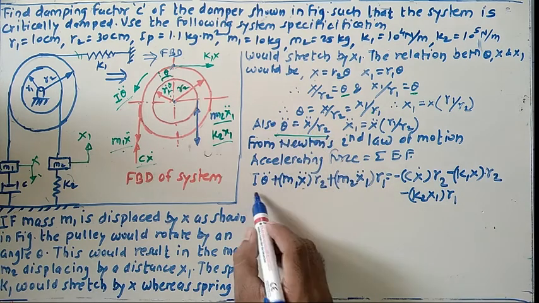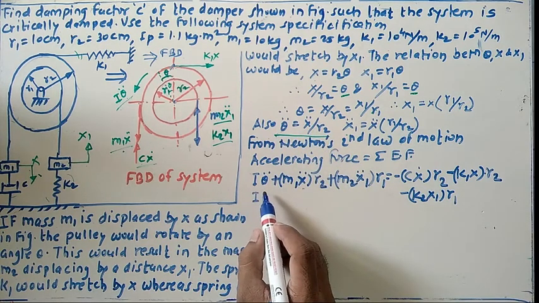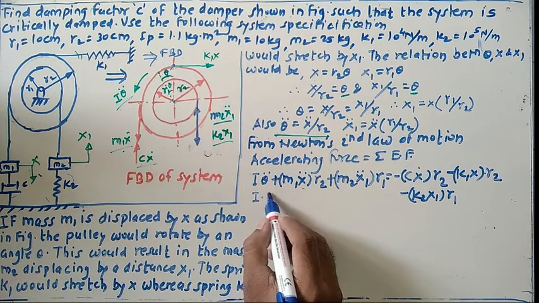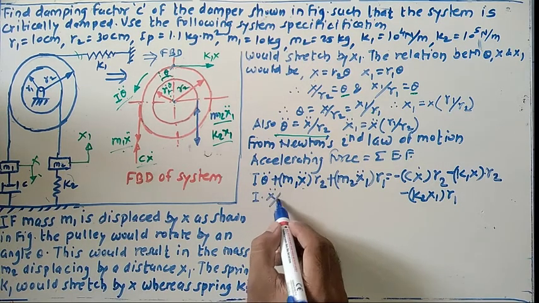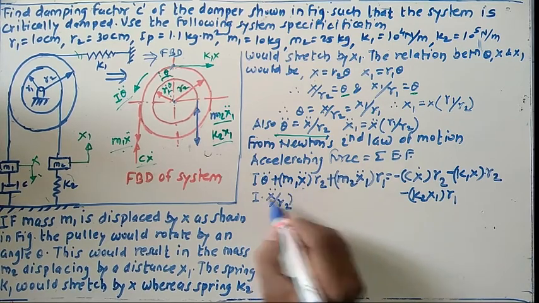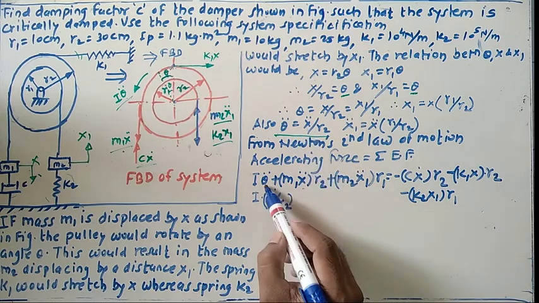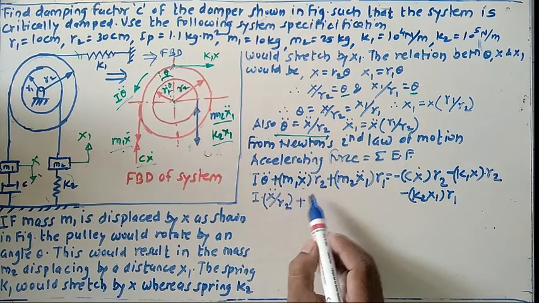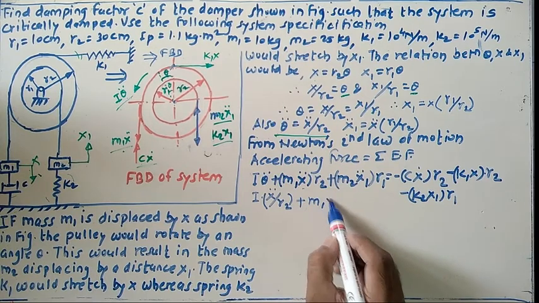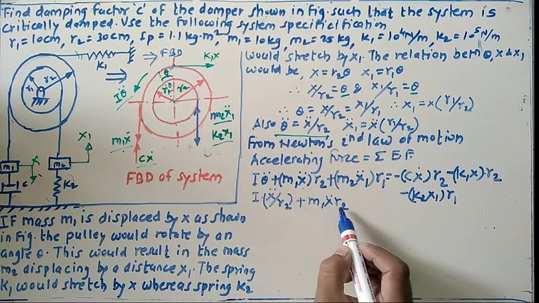Okay, so I into theta double dot. Theta double dot means here x double dot divided by r2, like this. Okay, this is about this term, plus the next one, m1 multiplied by x double dot into r2. This term will remain as it is.